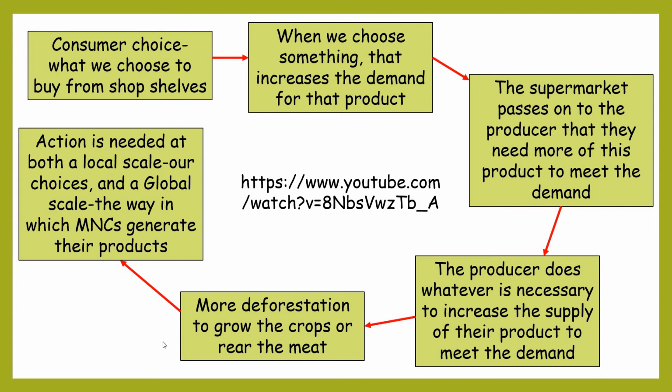Now, what is needed is action at both a local scale, so the choices that we make, and a global scale, the way that the multinational companies generate their products. So the example I was just giving of the multinational company Cadbury now has moved to being more fair trade, more sustainable palm oil linked.